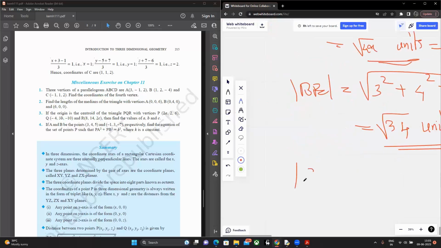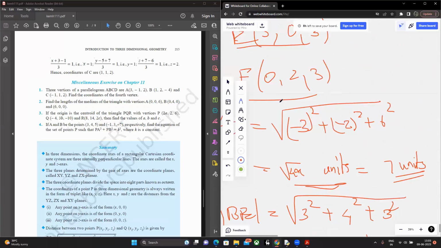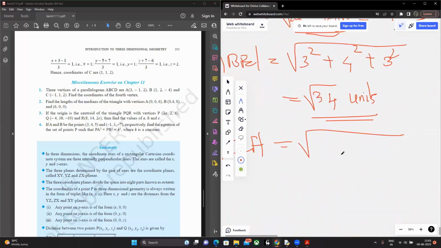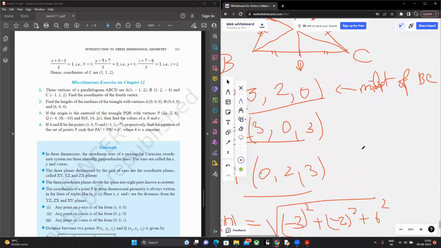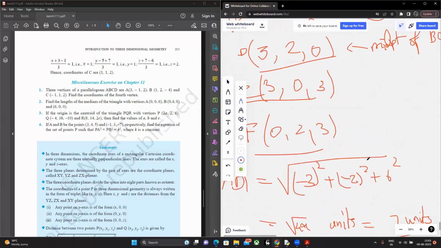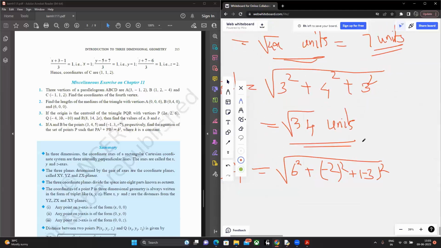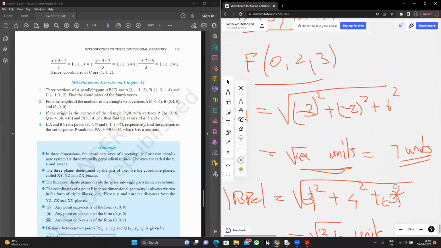And finally, you have the median CF. That is again going to be the root of 6 minus 0 the whole square. That is going to be 6 square. Plus this is 0 minus 2, it's going to be minus 2 the whole square or 2 square. Plus minus 3 the whole square. I'll actually have to write this as minus 3 the whole square because I've been following that convention for so long.